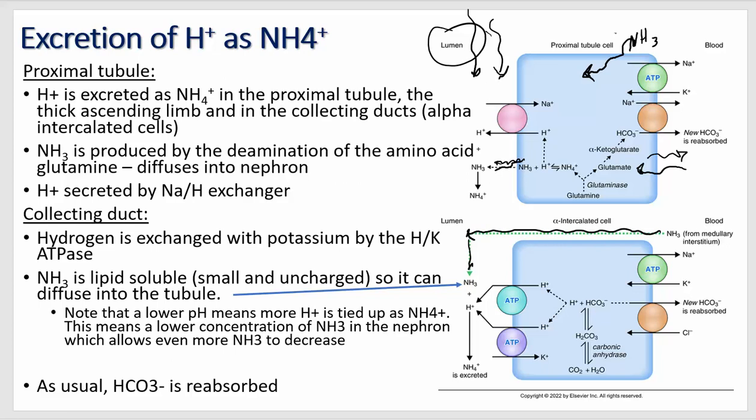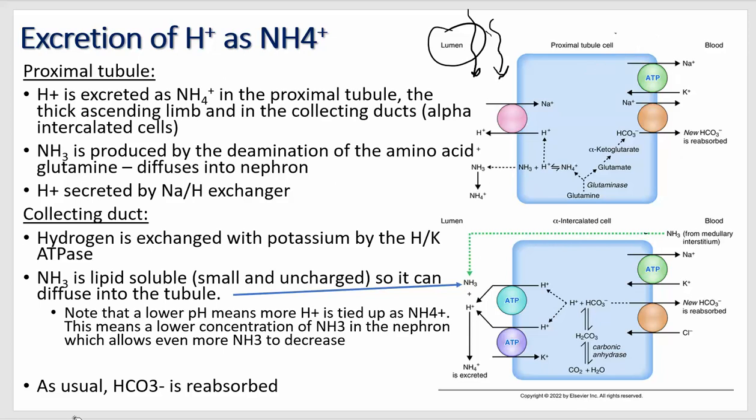So either way, NH3 is diffusing into the lumen to act as a proton acceptor, or hydrogen acceptor. That's really the whole point of both of these. It's just done in a little bit different way in the distal tubule than in the proximal tubule.